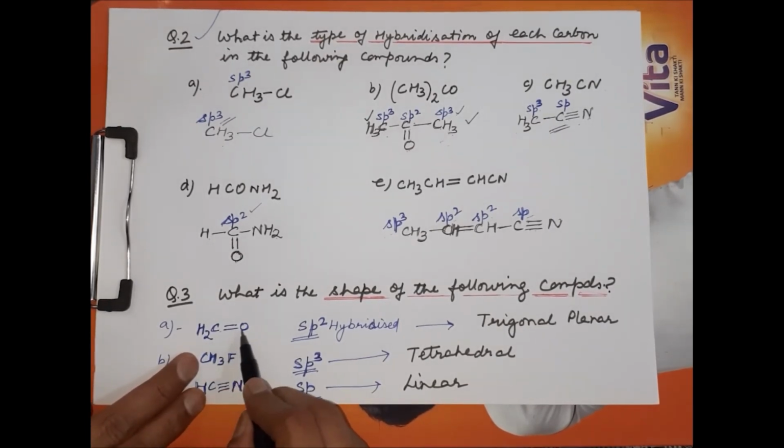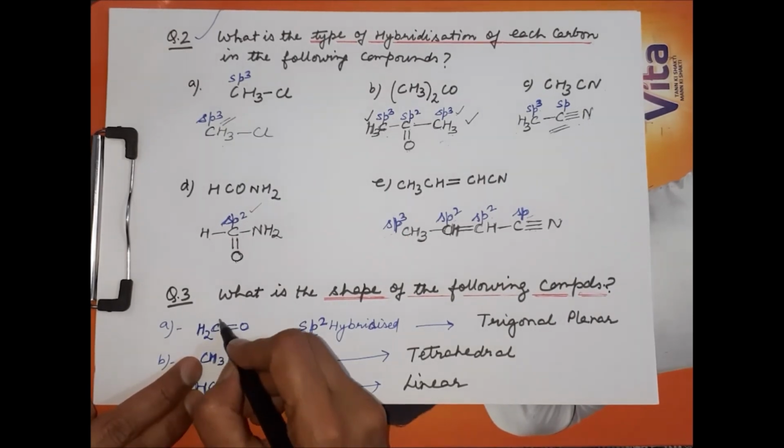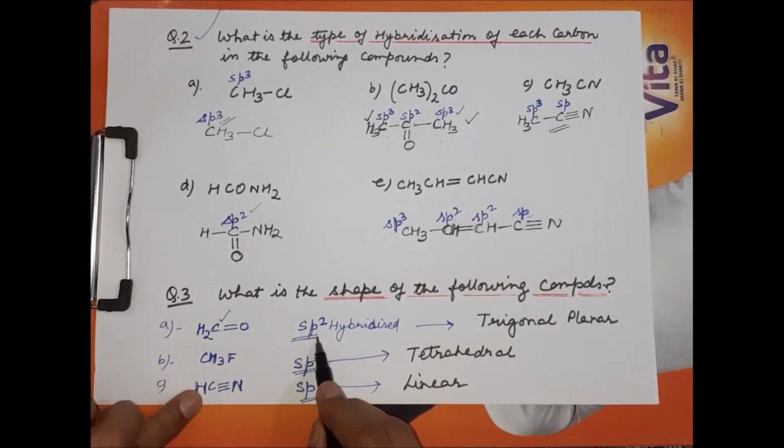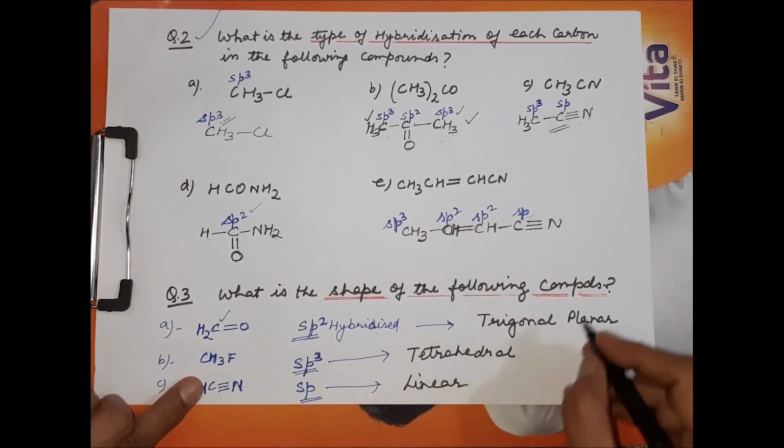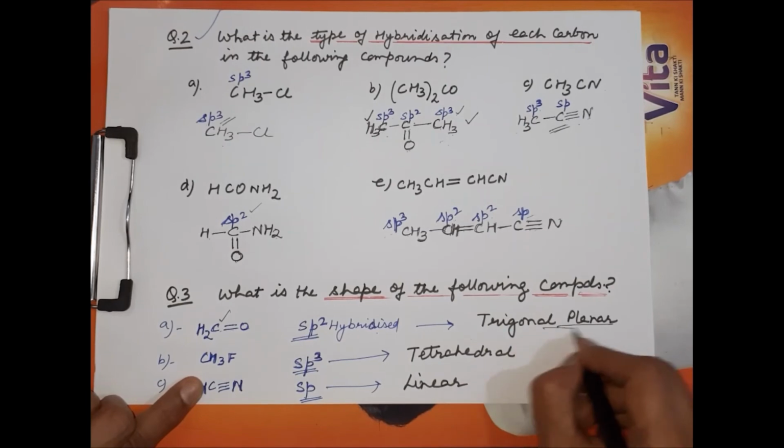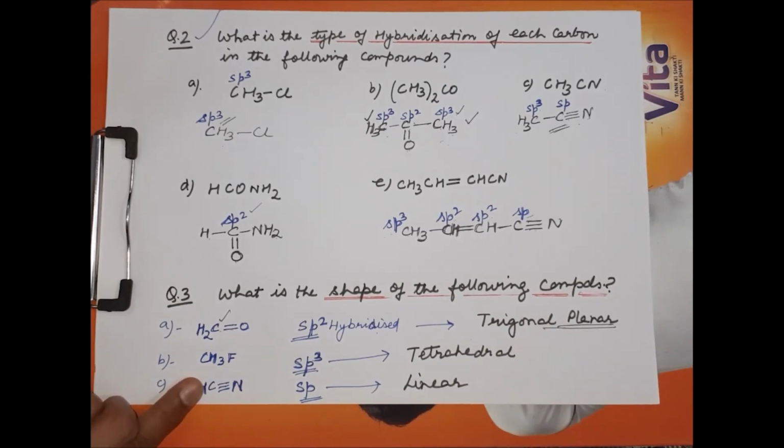Because here we see C double bond O, this carbon is in the sp2 hybridized state, and in such cases it is trigonal planar. Shape of this molecule will be trigonal planar.